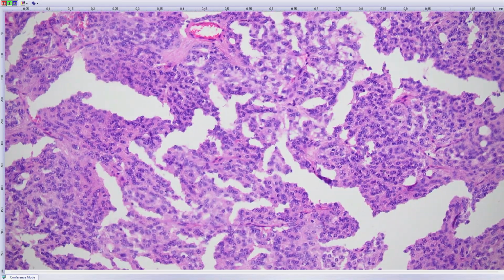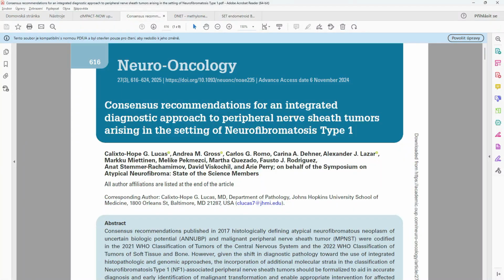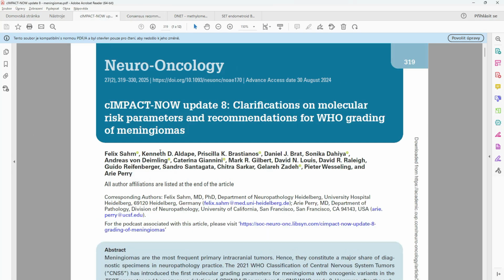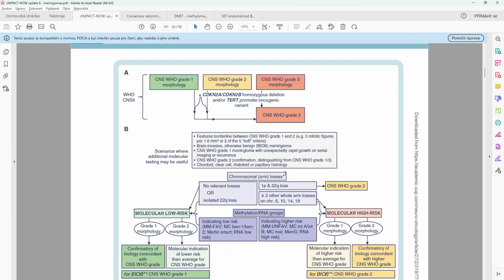So in these cases, you should do additional testing according to this cIMPACT-NOW Update 8 on clarification on molecular risk parameters and for WHO grading of meningiomas.